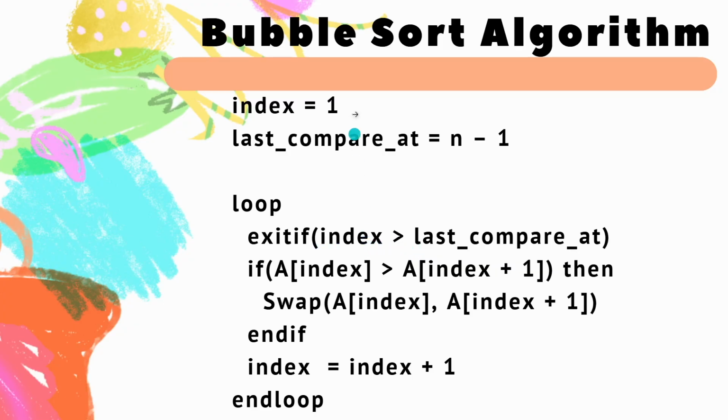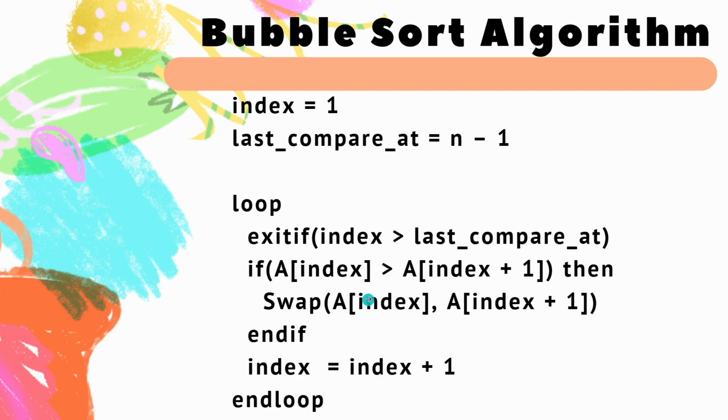So, this is the algorithm for bubble sort. First we set up a variable index to be 1 and the last compared variable to be n minus 1, and we have a loop here. We exit this loop only if index is greater than last compared. Our index is 1 when we start this algorithm. When we exceed n minus 1, we exit that loop.